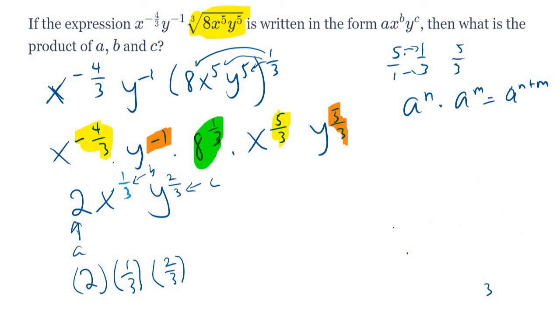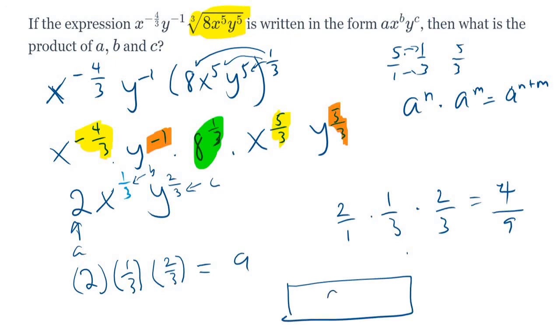It's easier to just put everything over 1, the whole number over 1. So it will be 2 over 1, 1/3, 2/3. 2 times 1 times 2 is 4. 3 times 3 times 1 is 9. So this product is 4/9. And that's what you're going to type inside that box, and that is the answer.